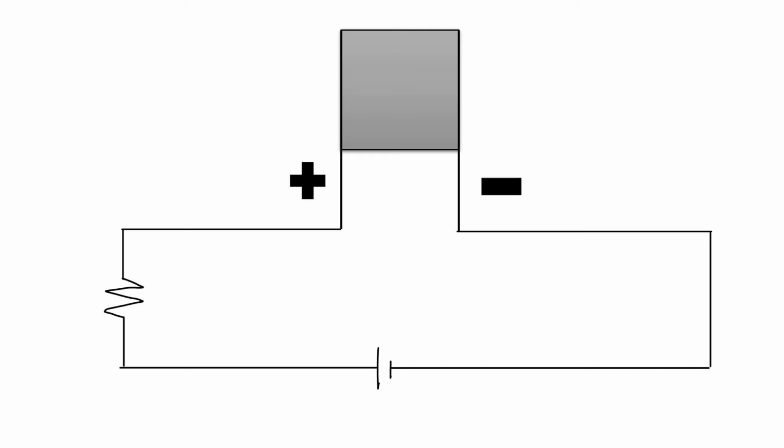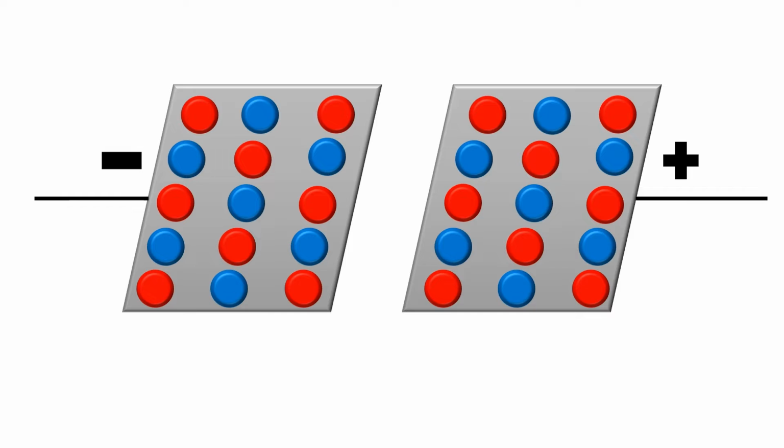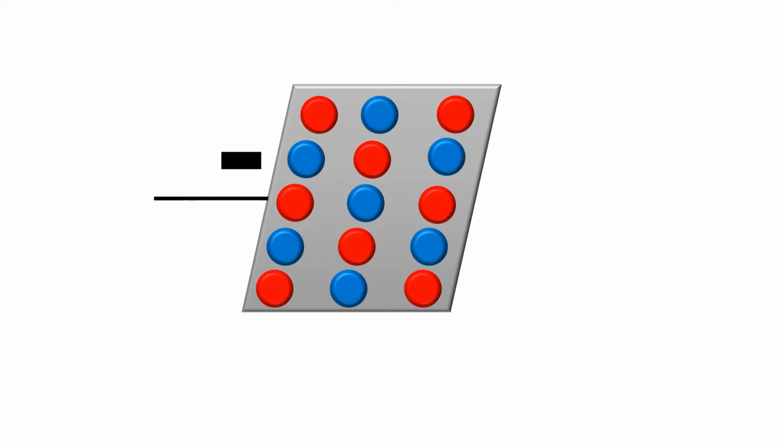This constant potential difference induced in the circuit due to the battery drives free charges that are present in the circuit. A metal typically has an equal amount of positively and negatively charged particles, making the metal as a whole electrically neutral. Let's say we only have one of the plates.